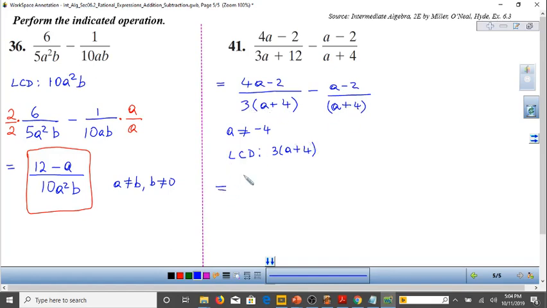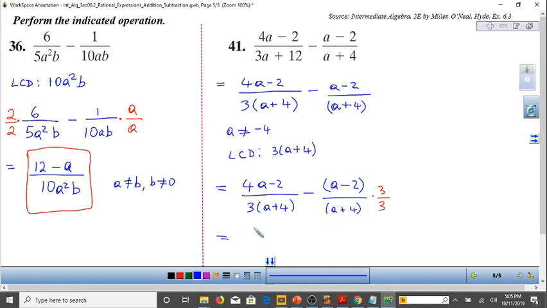And now I need to only multiply the second fraction because the first fraction already has the common denominator. So the second fraction, we need that to be multiplied by the number 3. So I'm going to multiply the top and bottom by 3, and that will ensure that I have a common denominator.